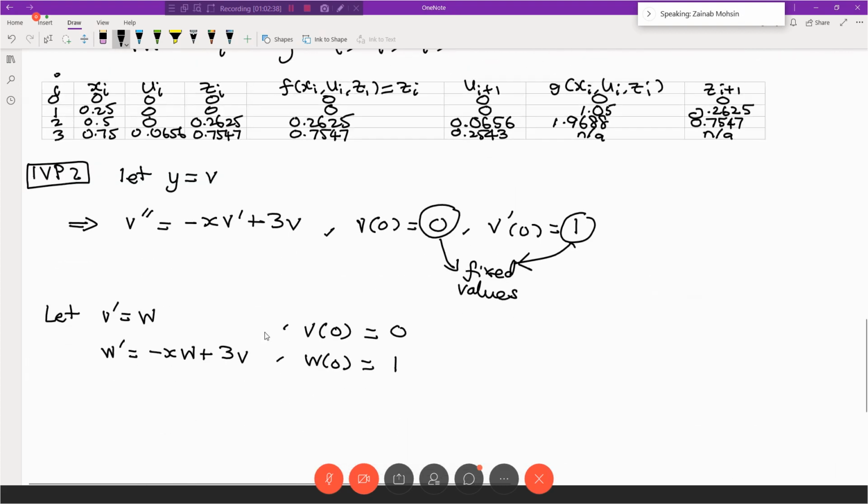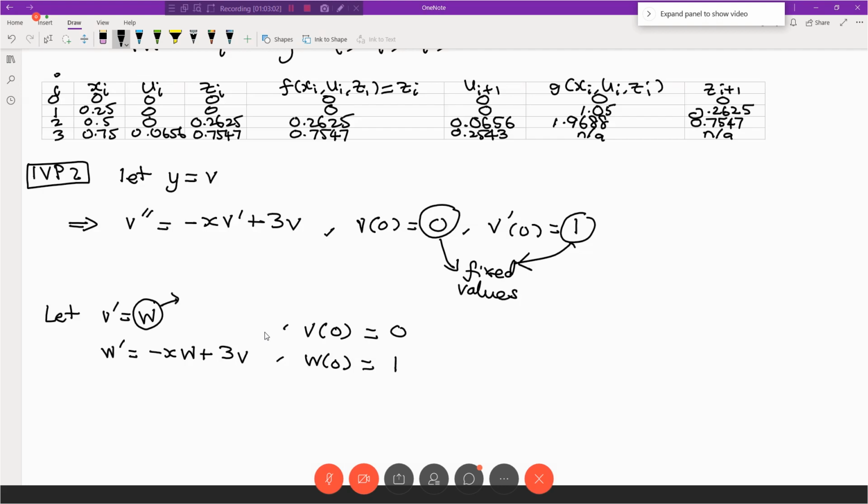Since we need to use also Euler's method because the question said to solve the corresponding IVPs using Euler. So instead of F, because we use F here, we use G in our first IVP. Maybe here we are using different notation.